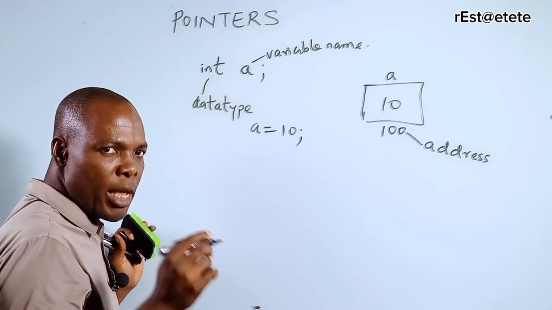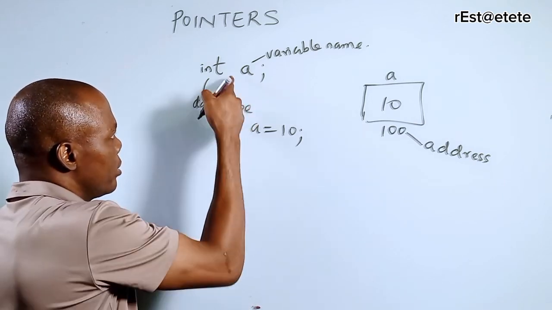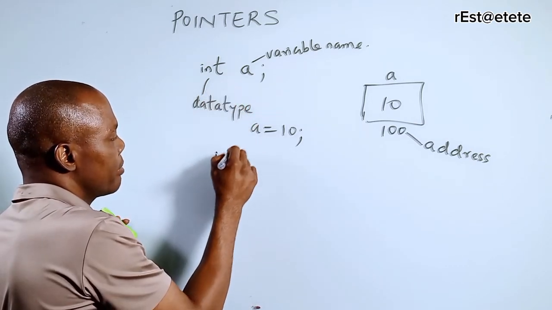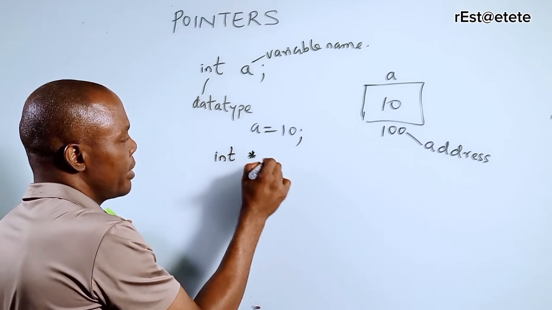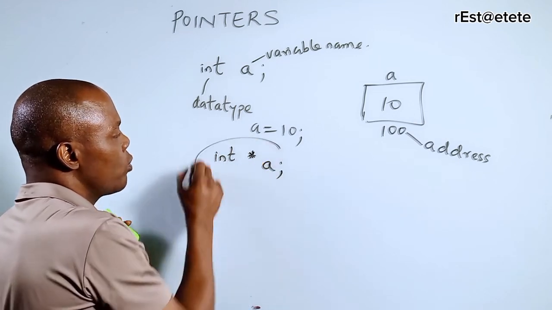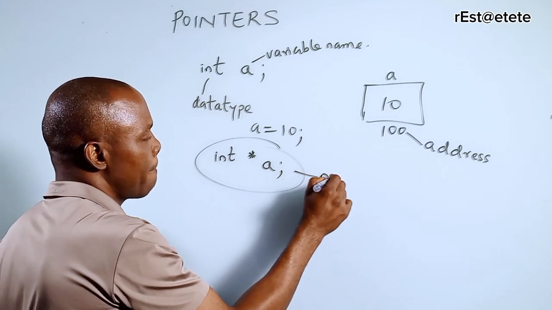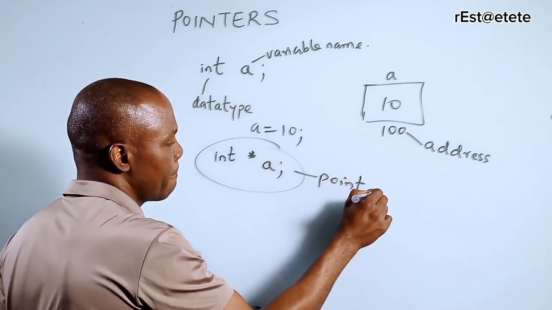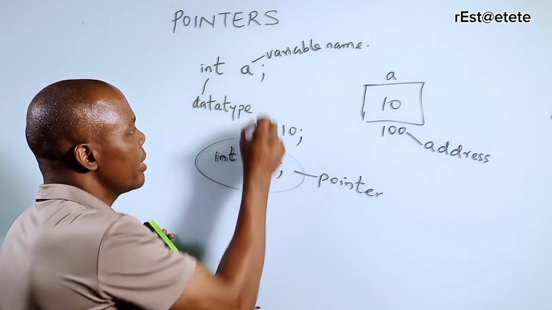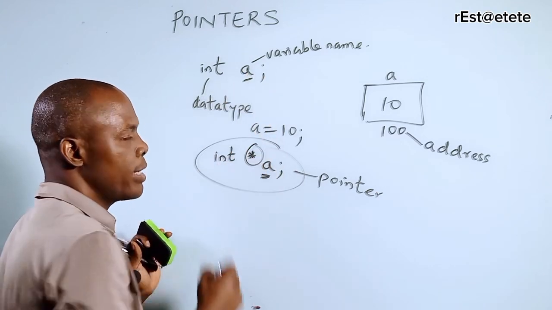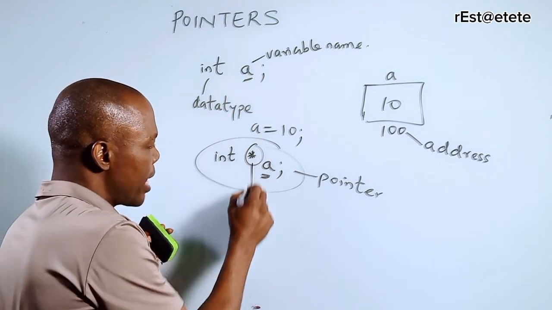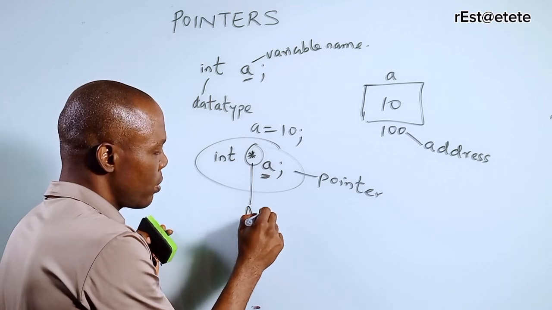If I'm going to declare a pointer, just like this, I can say int asterisk a. So this one is what? Pointer. Now what makes this a different from this a? This guy is called the reference operator.